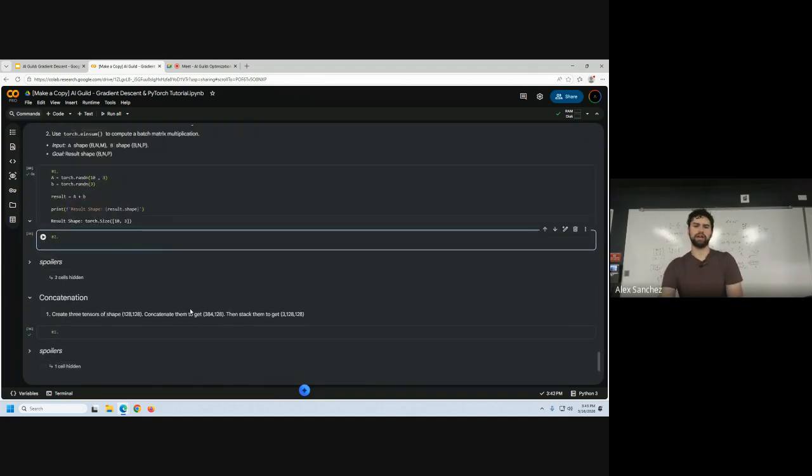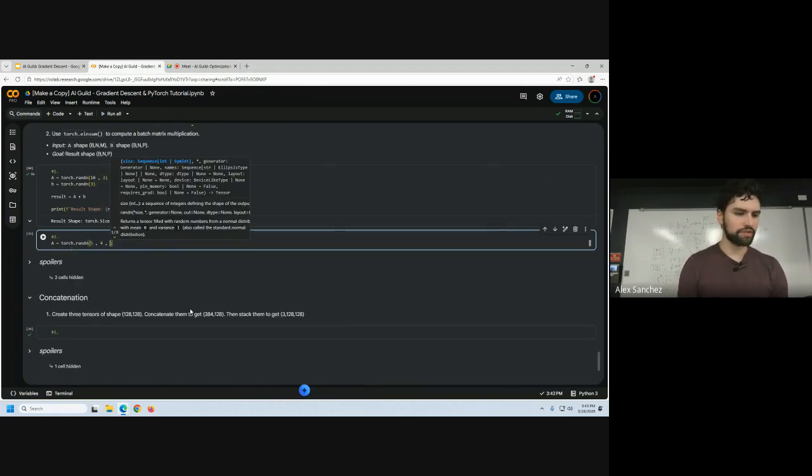Before we go into just concatenation and stacking, let's do the einsum. Maybe now it wouldn't make sense, but over time, it would be cool to fully learn how to use einsum. So this is just a little fun exercise.